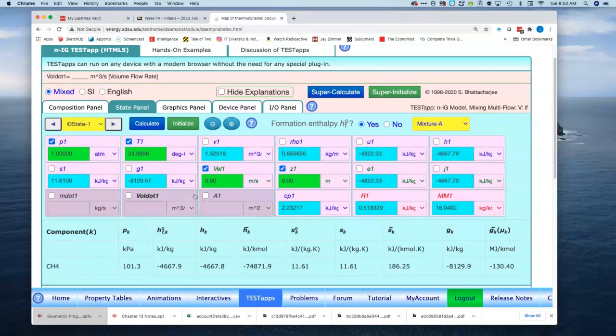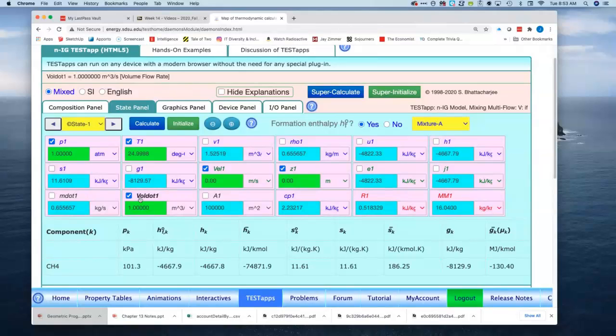For this particular problem, I'm going to say for the methane coming in, 1 kilomole corresponds to 1 cubic meter per second. So I have a flow rate.